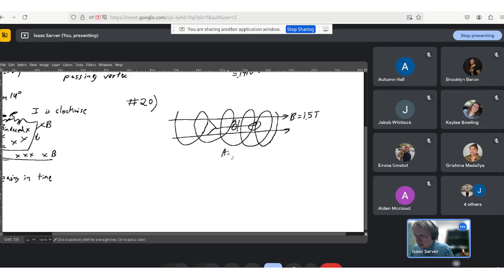The A is equal to, try again, 0.032 square meters.